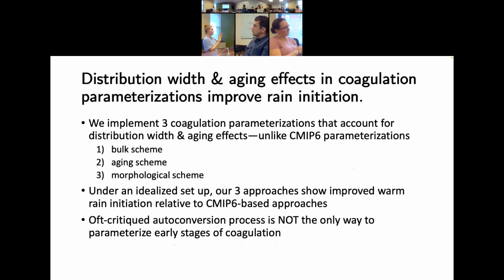Actually accounting for distribution width and aging effects does seem to improve rain initiation timing. And the 2 newer schemes that I didn't have time to go over don't use autoconversion at all, thinking about ways to move past using this flawed conceptual process.